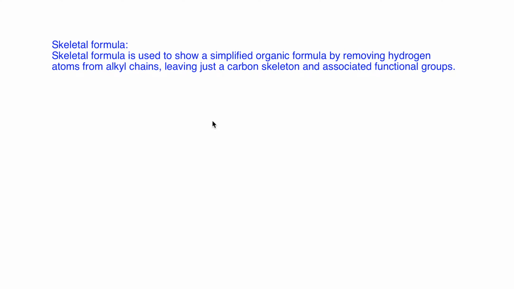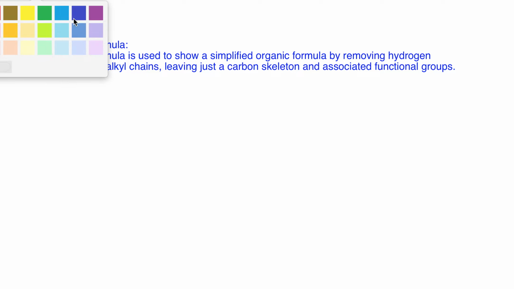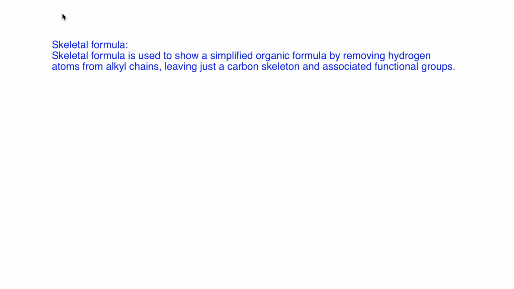Skeletal structure is used to show a simplified organic formula by removing all the hydrogens from the chains and just leaving a carbon skeleton and associated functional groups. Usually it's just two steps: step one, you remove the hydrogens, and then step two, you remove the carbons.